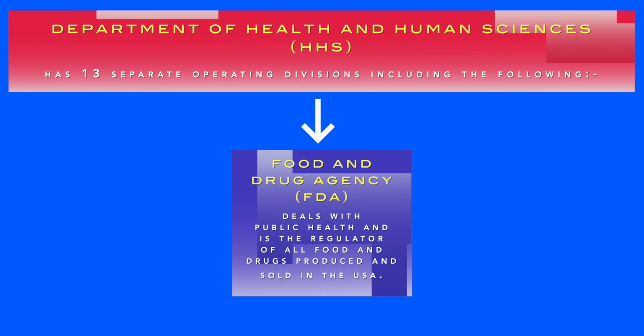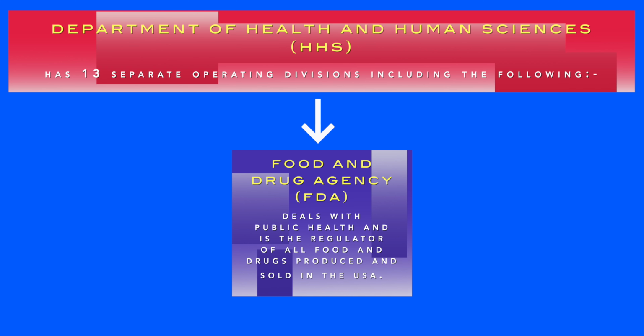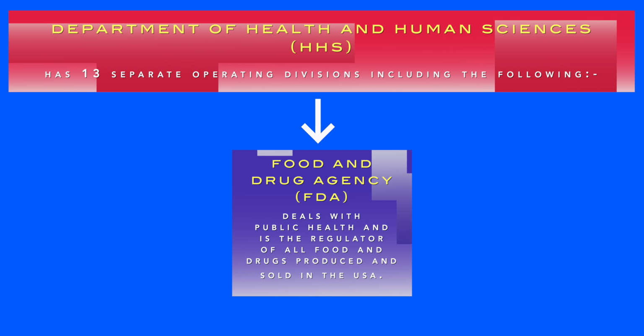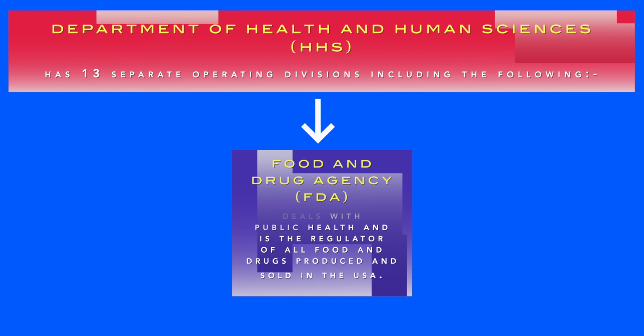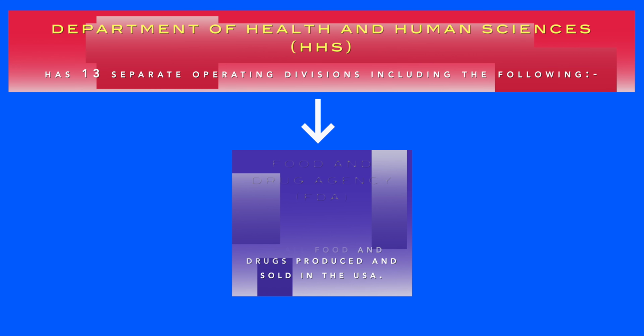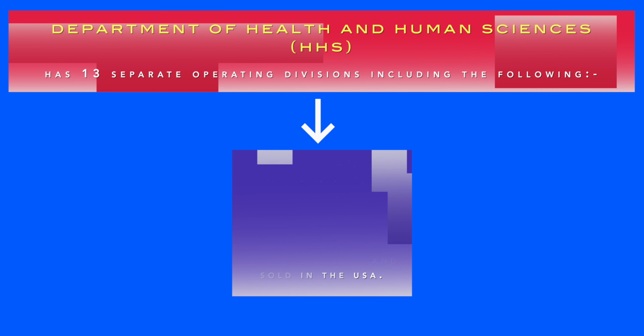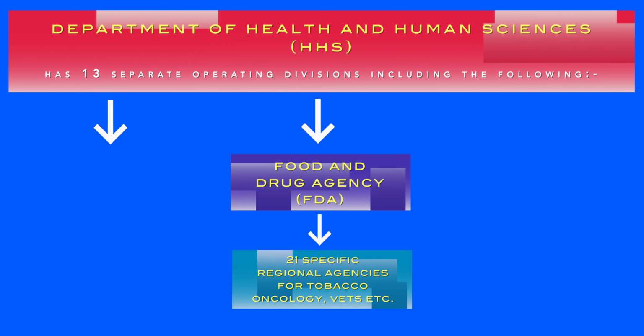Now, we're only going to focus on 3 here, which is the FDA, the CDC, and the NIH. Now, the FDA is the Food and Drug Agency, and that itself has 21 subdivisions to cover the health and regulations of food and drugs sold in the USA and the drugs administered.